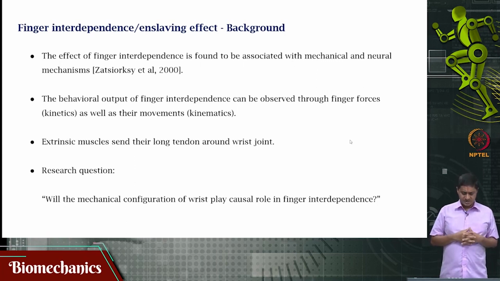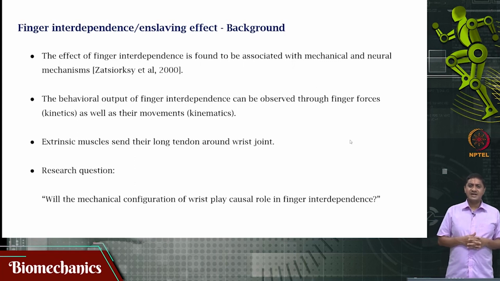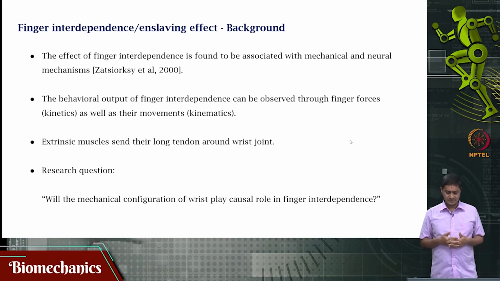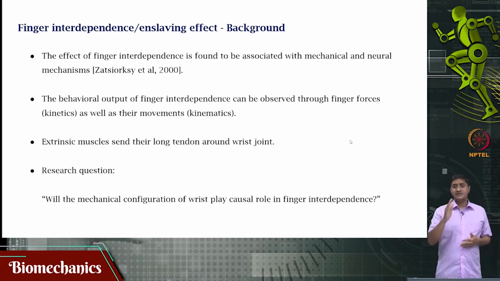The question is, does the mechanical configuration of the wrist joint play a causal role in finger interdependence? Because when the wrist is flexed, the extensor muscle tendons might be stretched.